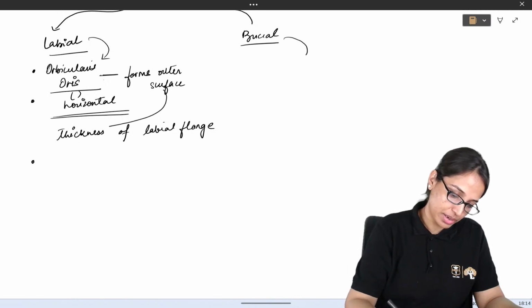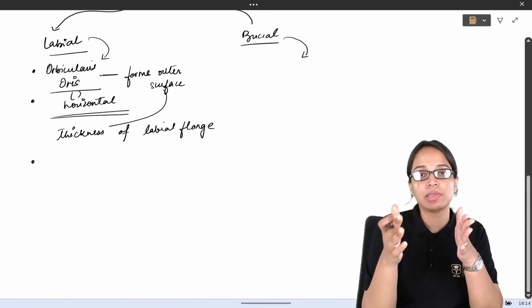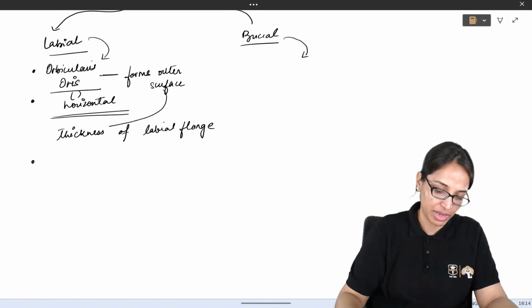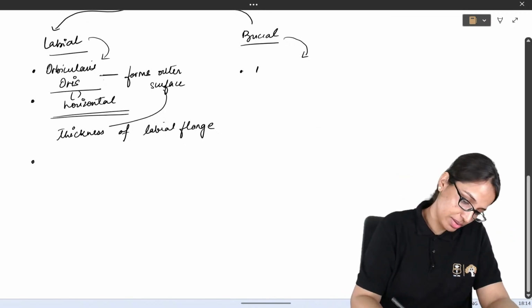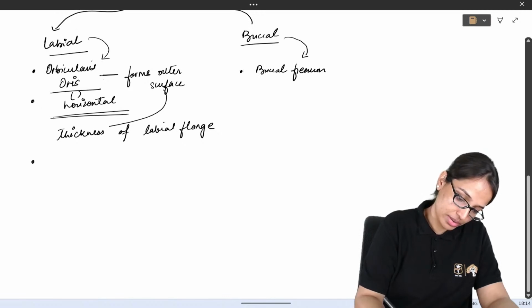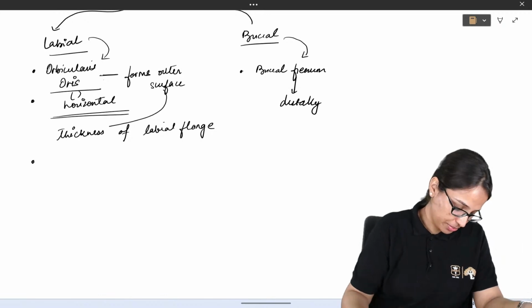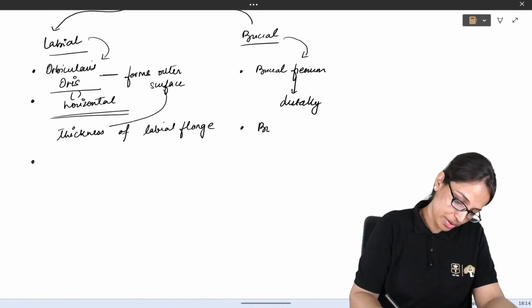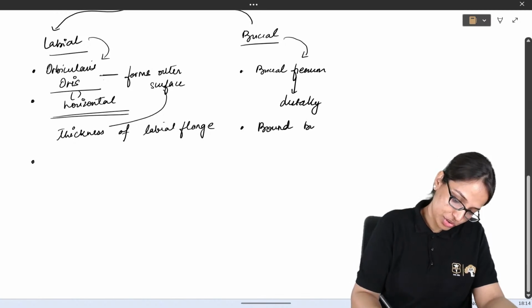If you look at our buccal vestibule, it starts from the buccal frenum and goes distally to the distalmost aspect of the maxilla. Now, how is it bound?